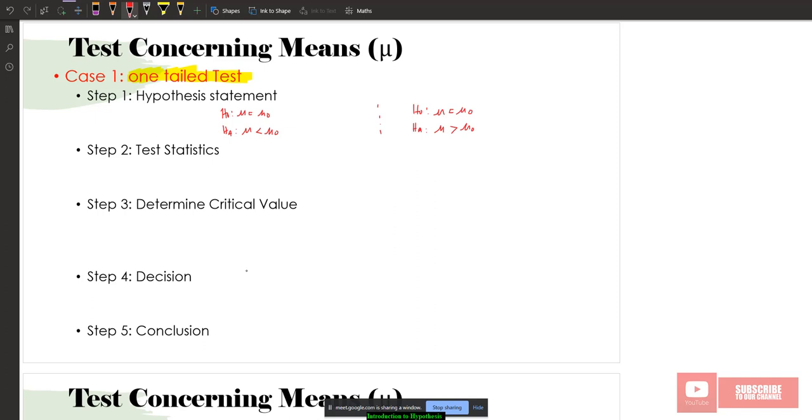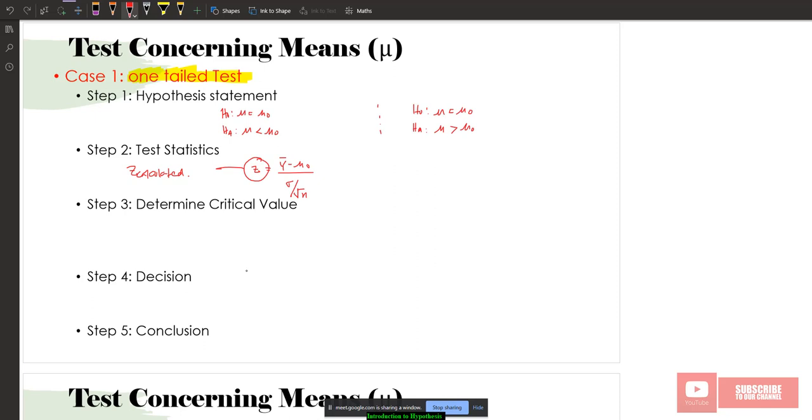For the test statistic, we can use the Z distribution: x bar minus mu naught divided by sigma over square root of n. This value we call Z calculated. If you use the T distribution, we mention T calculated, or chi-square calculated, or F calculated.